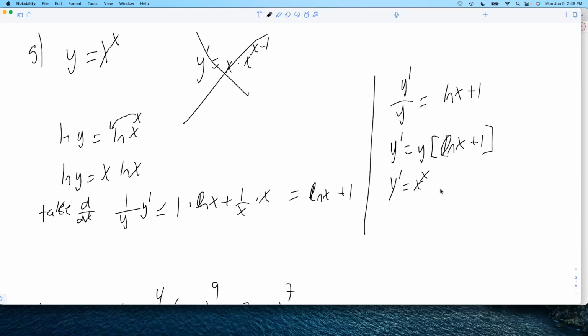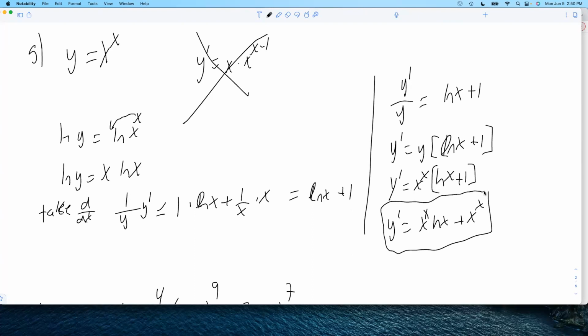It's x to the x. And then just for completeness here, we could stop there. I'm going to go ahead and distribute and say the derivative of x to the x is x to the x ln of x plus x to the x.